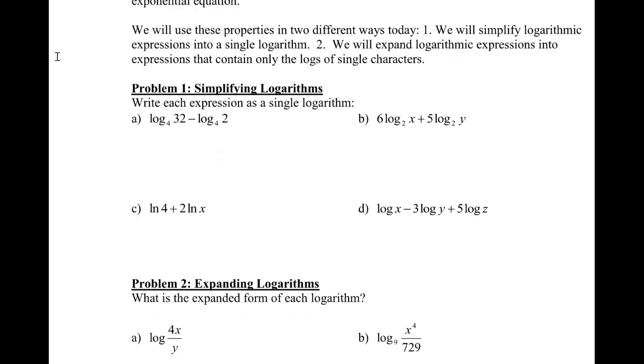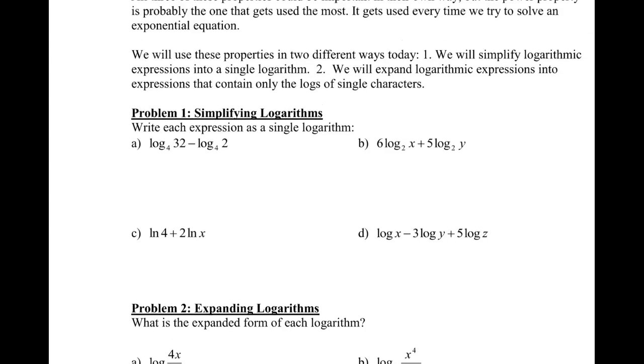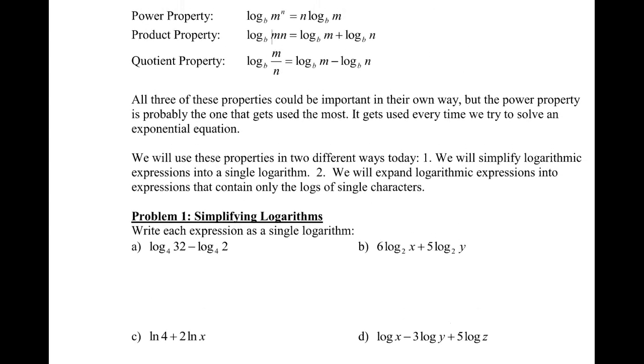Alright, so problem 1, we just need to simplify logarithms. We've got log base 4 of 32 minus log base 4 of 2. So the nice thing is they have the same base. And they've got a minus between them. Since we've got a minus between them, we're going to be using that quotient property, which basically says that I'm going to have log with the same base, which in this case is 4, of the first one, 32, so that's going to be my top, divided by my second one, which will be 2.